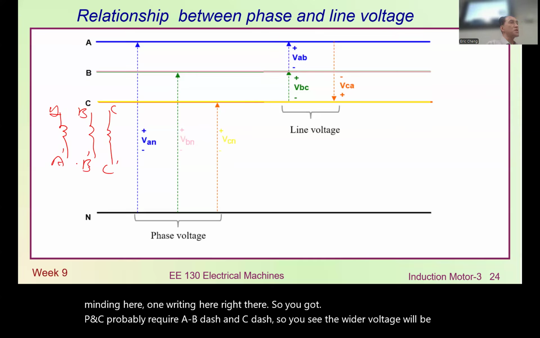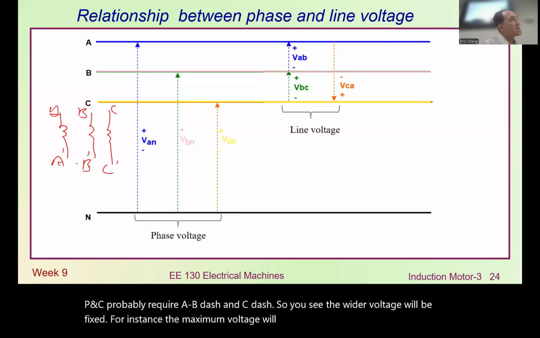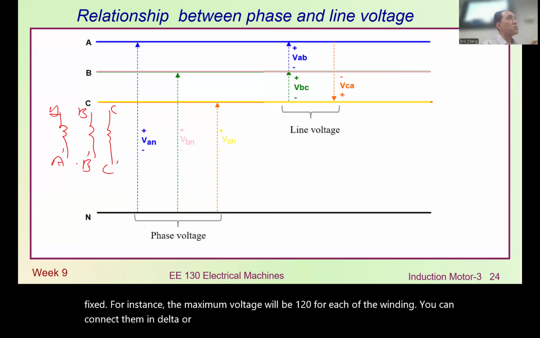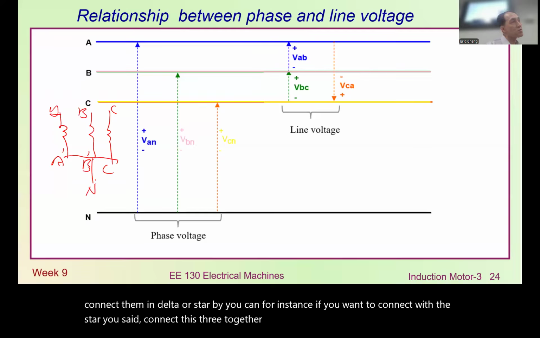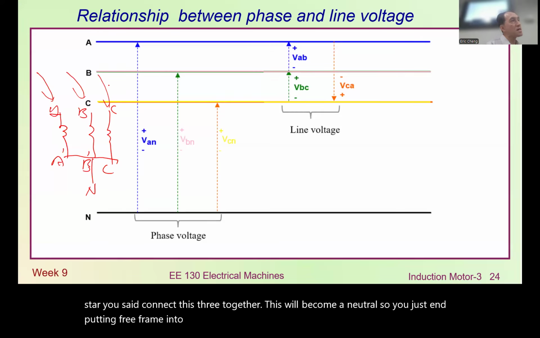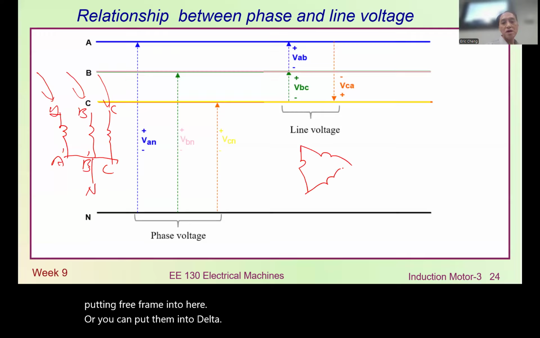For instance, the maximum voltage will be 120 for each winding. You can connect them in delta or star as you like. If you want to connect in star, you just connect these 3 together. This will become a neutral, and you just put the 3 phases into here. Or you can put them into delta. Connect them in delta.